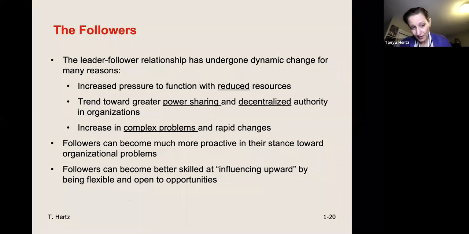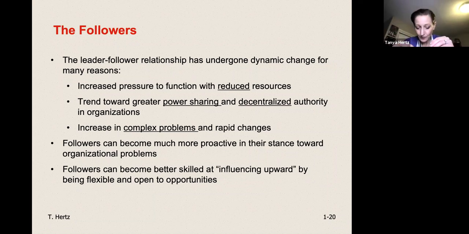And really the whole function of leader, follower, and situation has changed. And people are starting to understand the importance of this dynamic relationship, especially as we start to see more and more organizations with more egalitarian work structures. You know what I mean by egalitarian, like egalité, right?